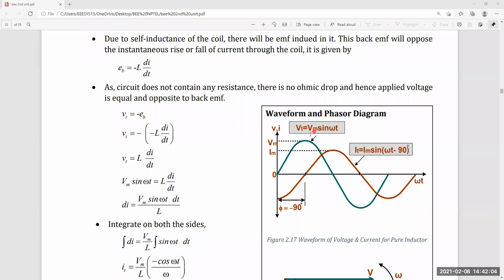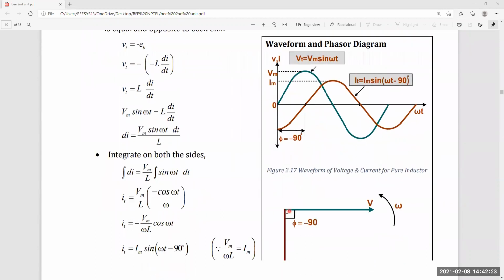The voltage waveform is 90 degrees ahead, starting from 0, and it follows the reference. The current starts from exactly the middle, across the pure inductor.